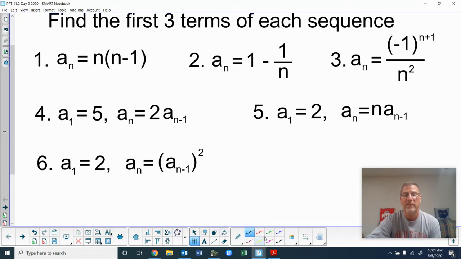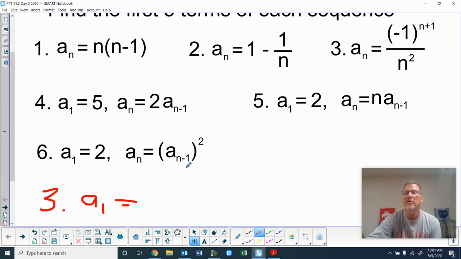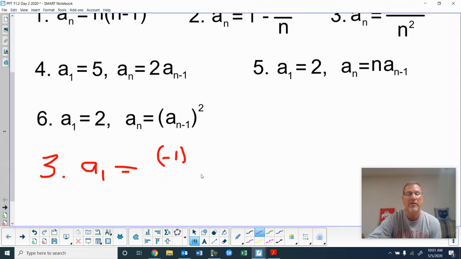For number 3, the first term, a1, would be -1, always in parentheses for this rule, to the n plus 1 power.